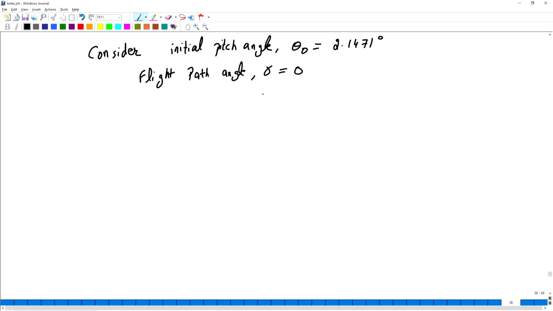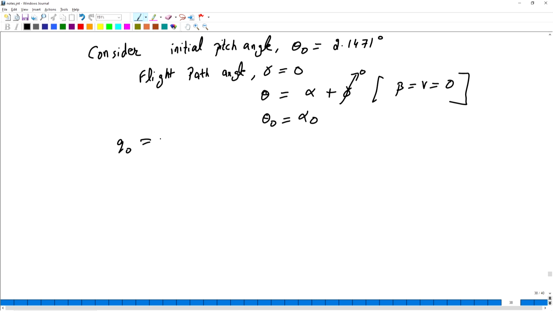We know that the pitch angle is given as theta equals alpha plus gamma when beta, or side slip or side velocity, is 0. All right. So in this simulation we are assuming gamma to be 0, it is not climbing. So then we can assume theta naught equals alpha naught. And the other initial conditions, we'll assume q naught, x naught and z naught equal to 0.